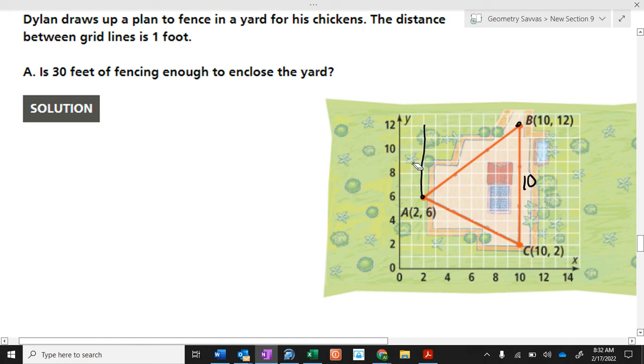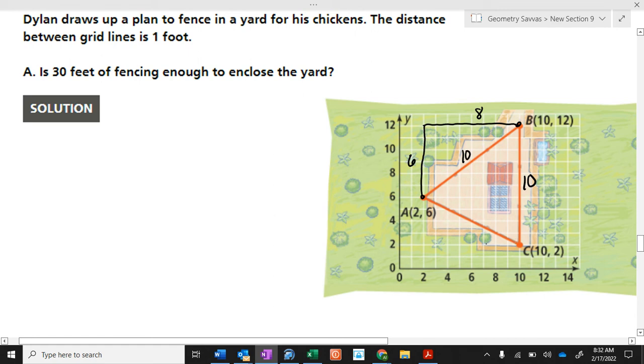No, we go up by 6. And we go over by 8, right? So what's 6 squared plus 8 squared? 36 plus 64. 100. What's the square root of 100? 10. So this side is 10 as well.